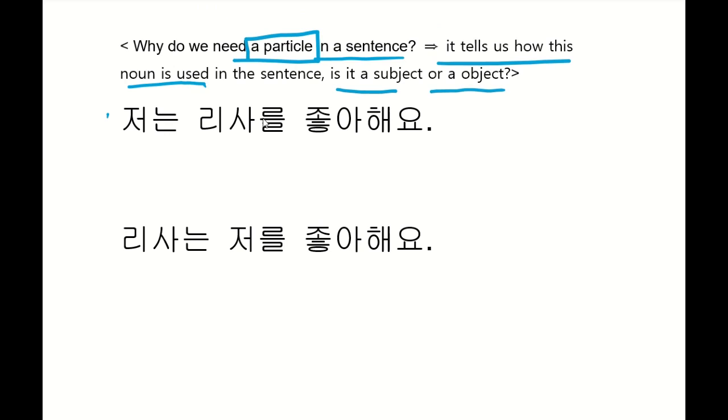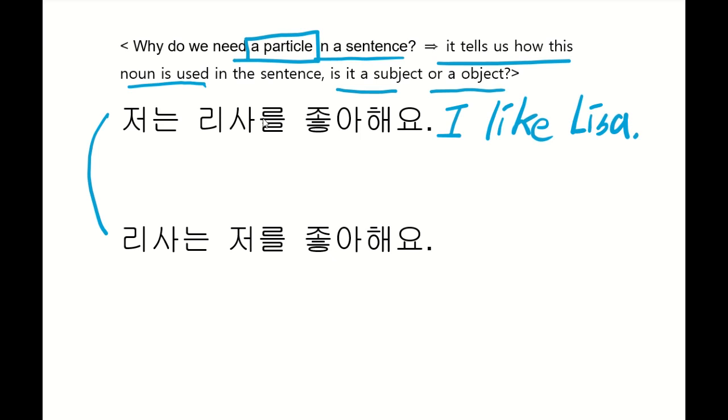Okay, so these two sentences: 저는 리사를 좋아해요. It's translated as I like Lisa. Don't worry that although you don't understand what is the verb and what is 좋아해요 or what is 저는.